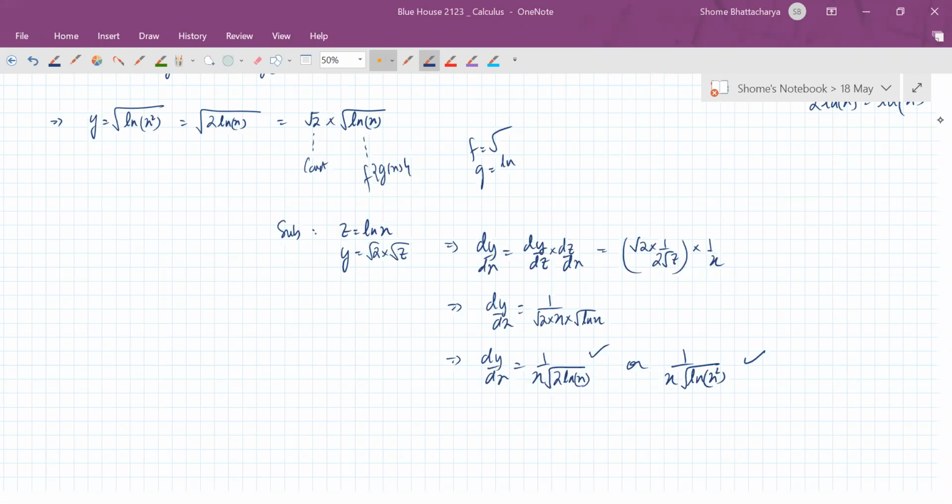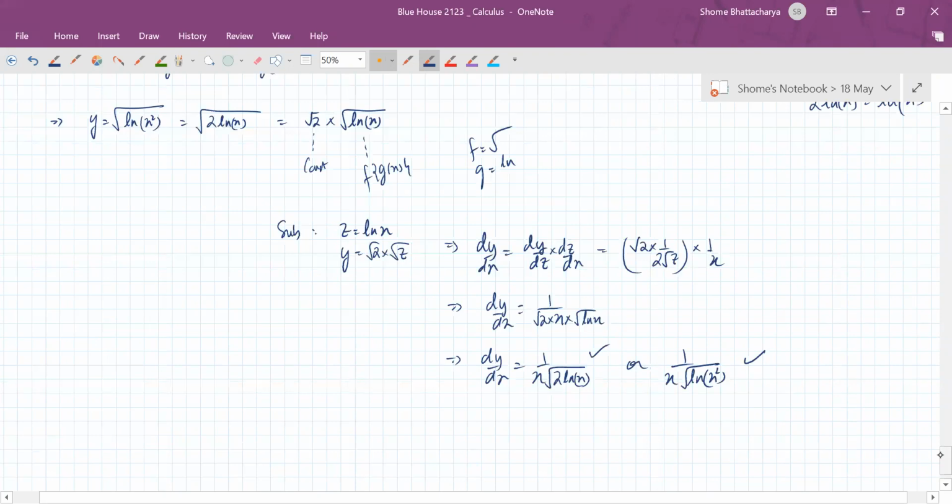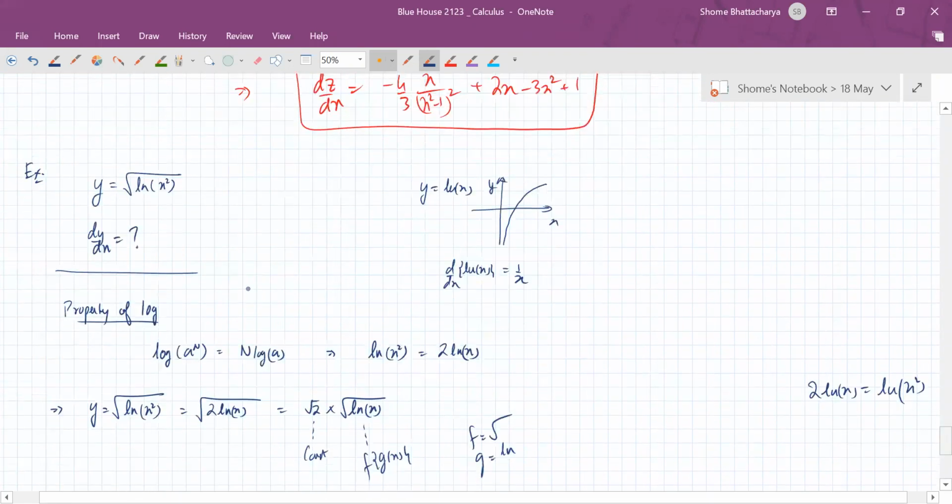Now, first of all, before we come to the other method, are you all clear with this property of ln, how we used it, property of log? Yes, sir. This step is clear, no? So there are some important properties of log that you should know. Log of a into b is log a plus log b. That's the first property.